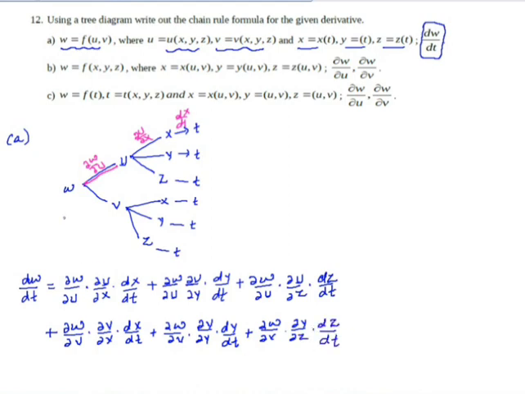So this is the required chain rule that we can apply to determine dw by dt.